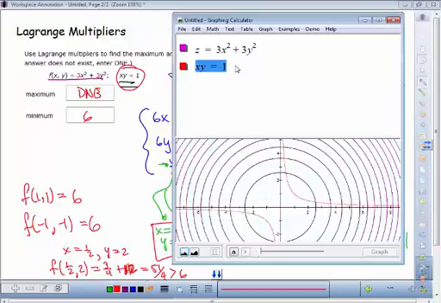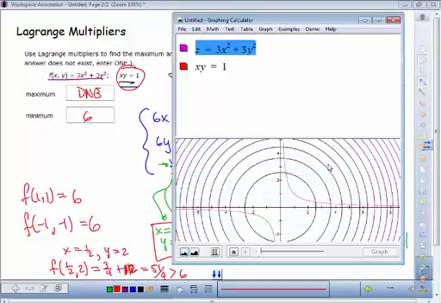So here are the two functions from a level curve perspective. And there's that one special level curve that is not shown here because this is just a contour plot.